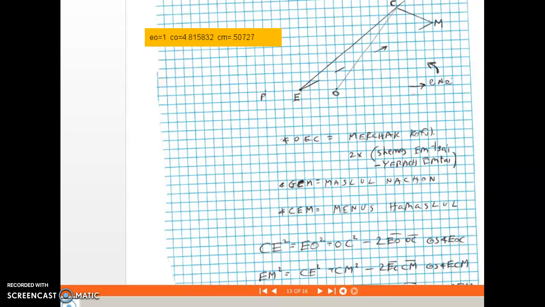The first formula, we know EO, we know OC. So the angle EOC is also known, because EOC would be the complement of 180. We know, you know what, I'll explain in the next tape because I'm running out of time here. So we'll explain in the next tape.